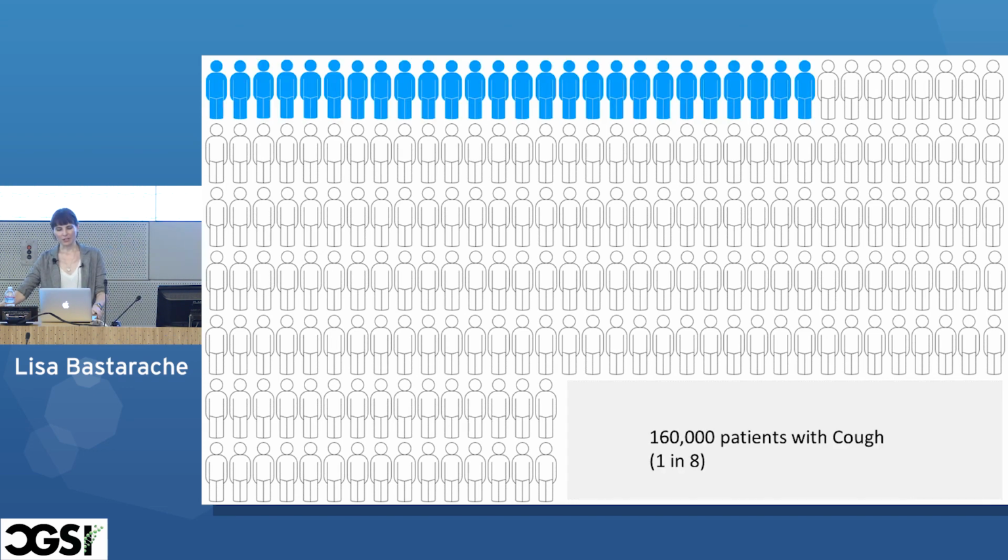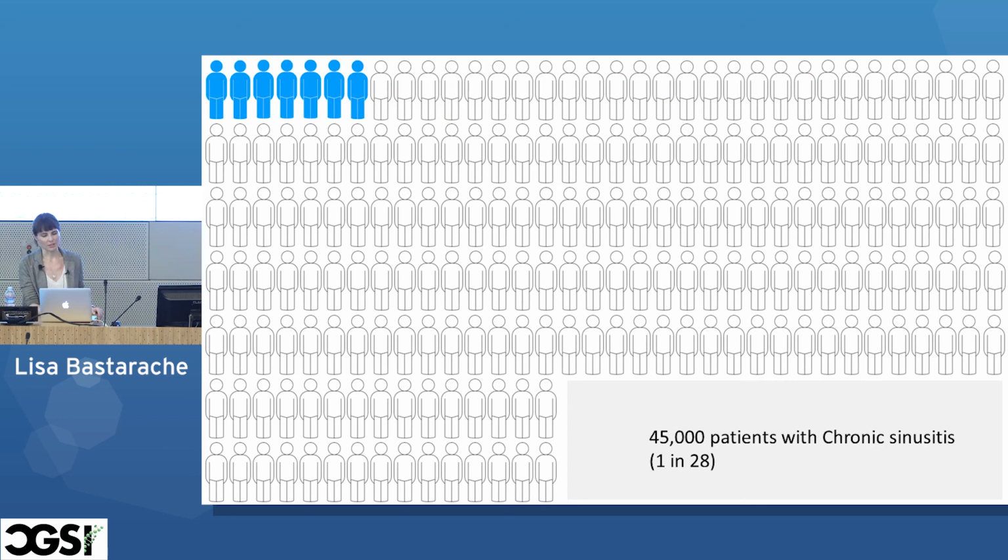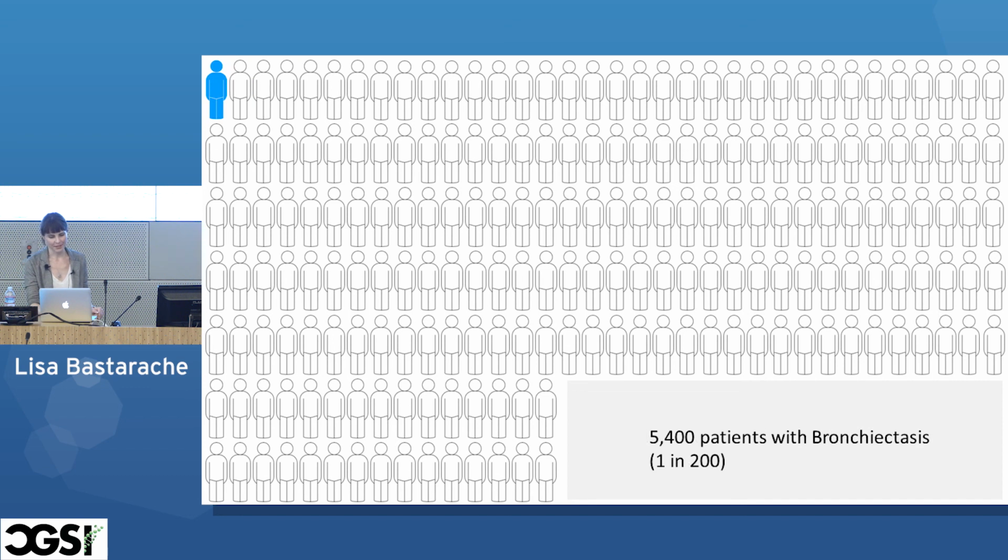And among those patients, 160,000 of them have cough. That's 1 in 8. Very common symptom. And a lot of them have chronic sinusitis. And many of them have bacterial pneumonia. And bronchiectasis, which is not terribly common, still we have thousands of patients with bronchiectasis. And yet, in that entire 1.3 million patients, we only have 862 who have been diagnosed with cystic fibrosis.